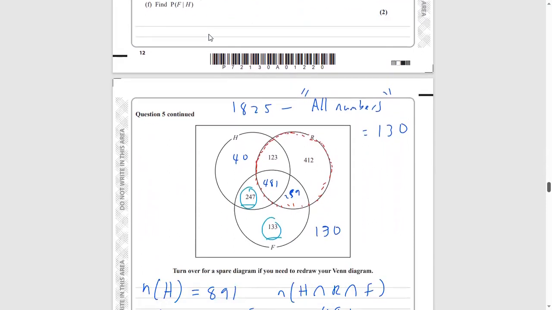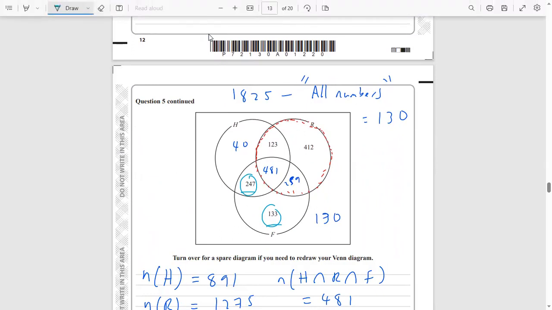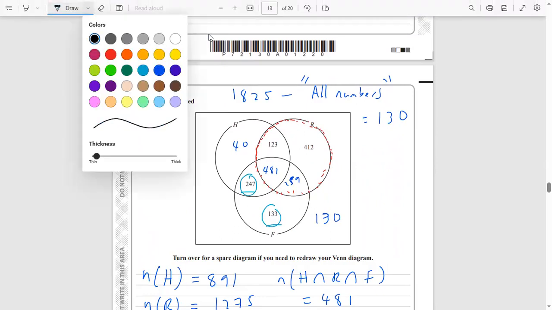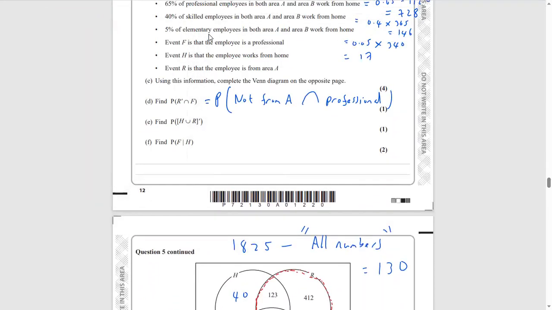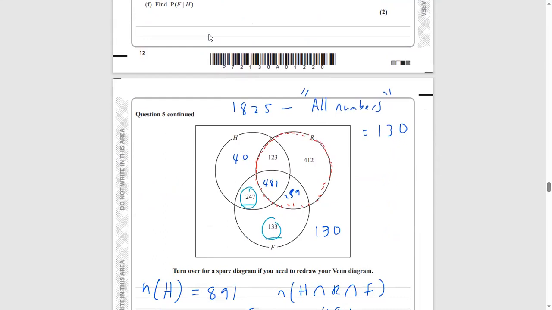So we want to think about everything. If we look at the people that are from area A and work from home, I'll do this in orange. Everyone that is from area A, the R circle in the Venn diagram, and then H, which is working from home, that's going to be these circles here.